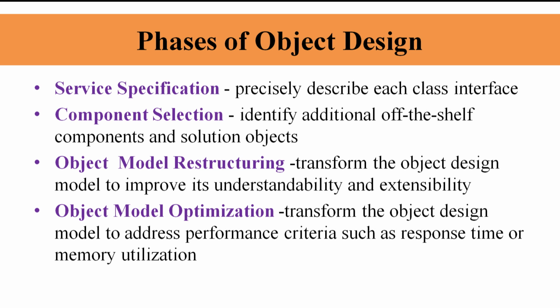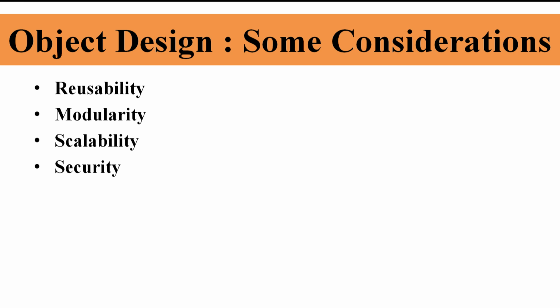These things we have to do while designing the objects, and there are some more aspects we take care of, like reusability, how we are going to reuse and use the concept of inheritance and utilize the already existing things, modularity, and how we are making provisions so that it can be scalable. And the most important aspect, security, and how we will take care of the security aspect of the system which we are developing. And in all these, domain knowledge is a very important aspect that we have to take care of.